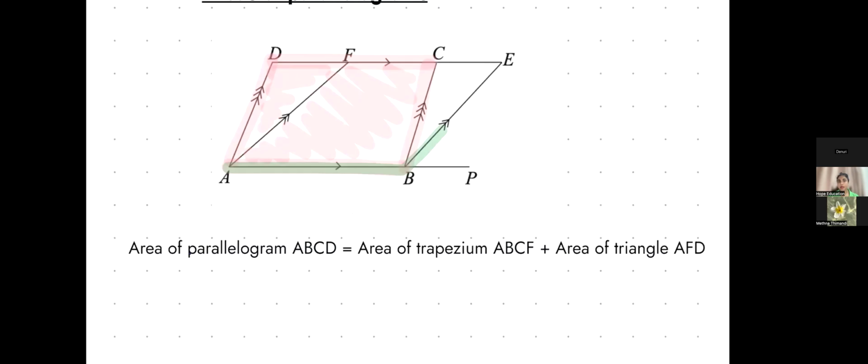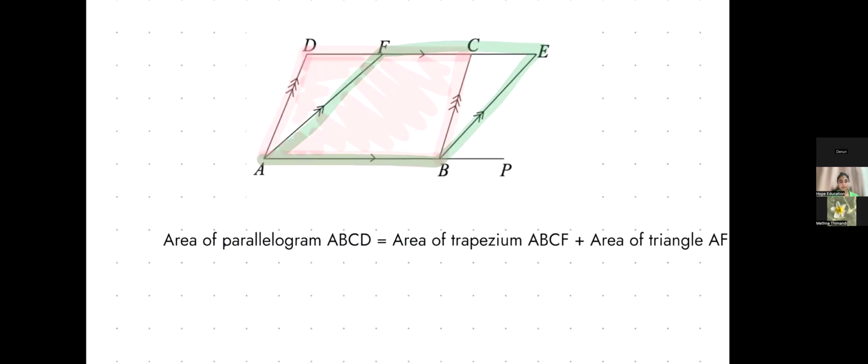Now look at parallelogram ABEF. දැන් මං draw කරන green color එක විතරක් focus කරා. Area of parallelogram ABEF. Let's see. So area of parallelogram ABEF. බලන්න parallelogram ABEF හැදිලා තියෙන්නේ this same trapezium ABCF is there.